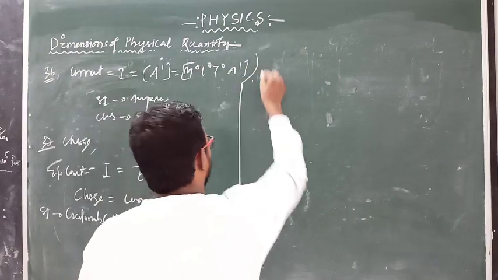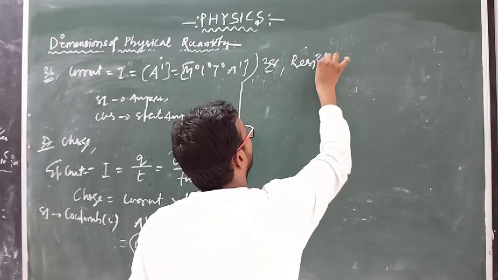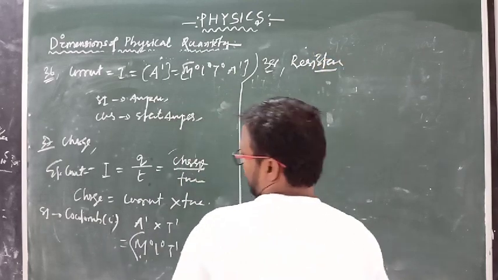Now find the dimensional formula of resistance. Clear?